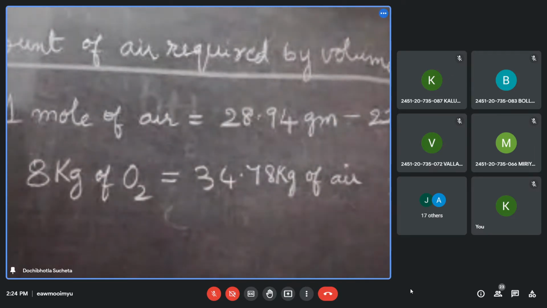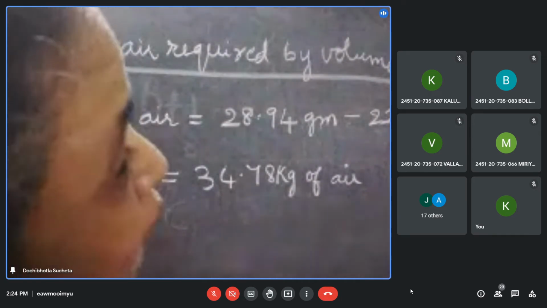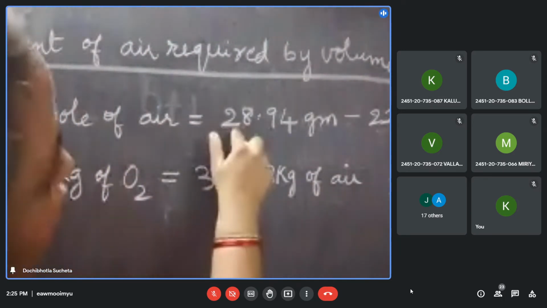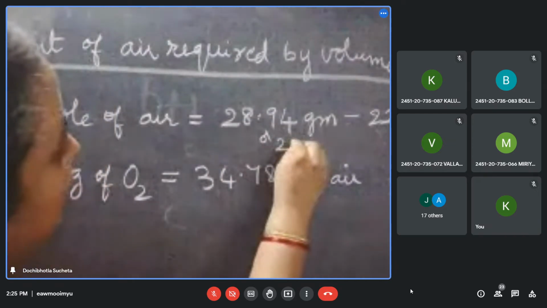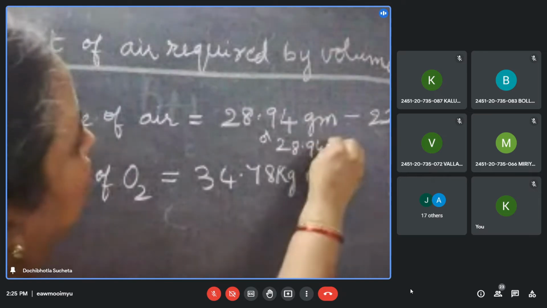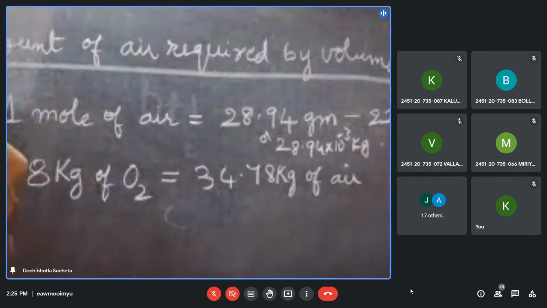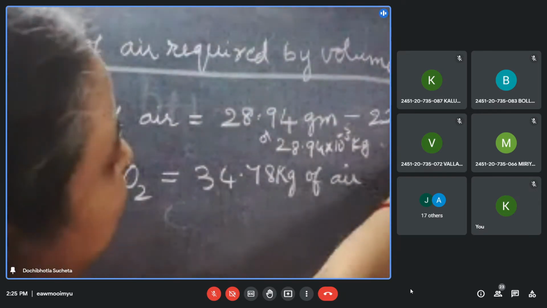Is it understood? 34.78 kgs of air, how much volume? This is my explanation: 1 mole of air weighs 28.94 grams or 28.94 into 10 power minus 3 kgs. Okay, that occupies 22.4 liters of volume.